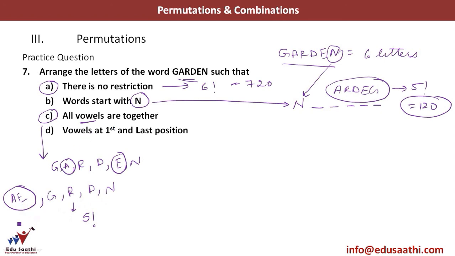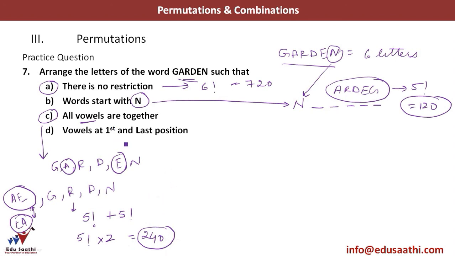If AE is a letter, I can also have EA as a letter. Both are true. So for EA, I'll have another 5 factorial set of words. So 5 factorial plus 5 factorial, or 5 factorial into 2, is the answer, which gives me 240 words which have all the vowels together.